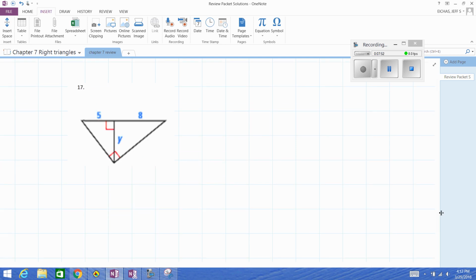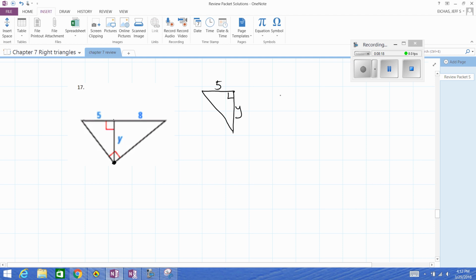All right, now 17 on, we're doing problems where you have a right triangle, a big right triangle with an altitude drawn from the right angle to the hypotenuse. Doesn't look like that, but think it through what we just did. The way I want you to do these is we're going to separate the diagram. So I'm going to take this triangle right here with the 5 and the right angle and the y.